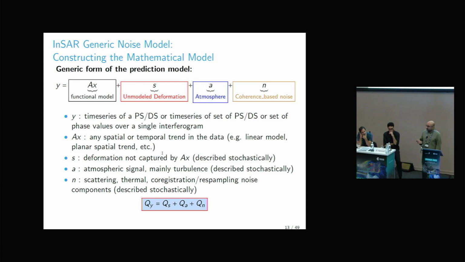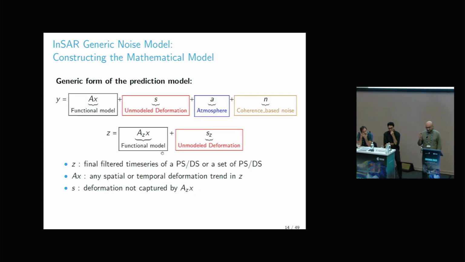S is unmodeled deformation, something that we cannot model, but maybe we can model stochastically. Then the atmospheric signal, and all other coherence-based noise components. The final covariance matrix of this vector Y is the summation of the variance-covariance matrices of unmodeled deformation S, atmospheric A, and Qn, the noise components.